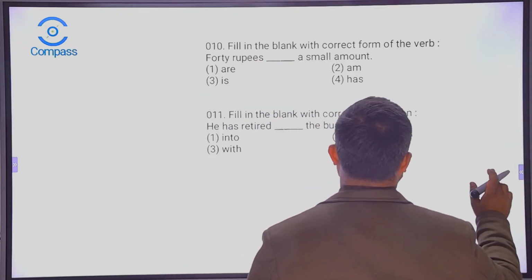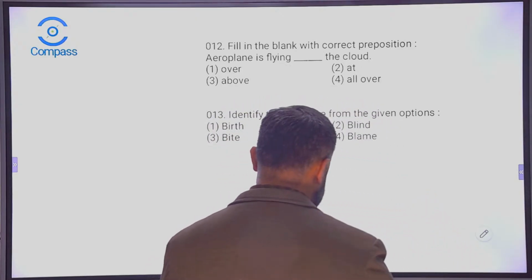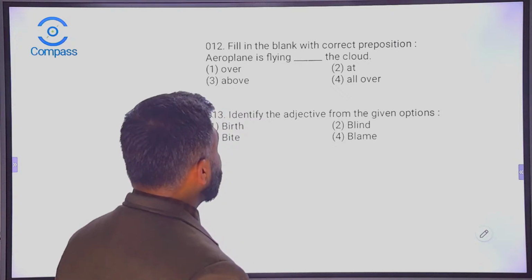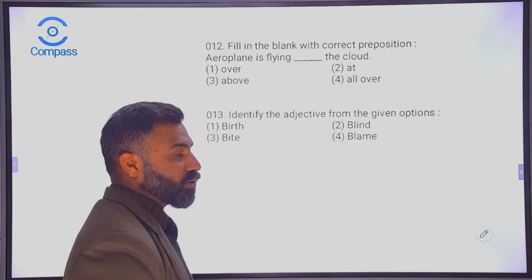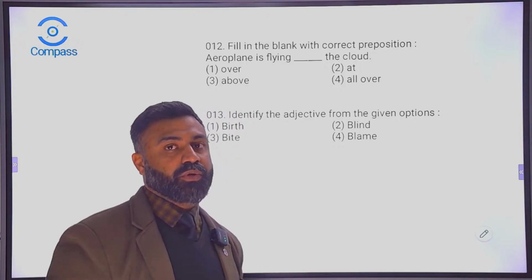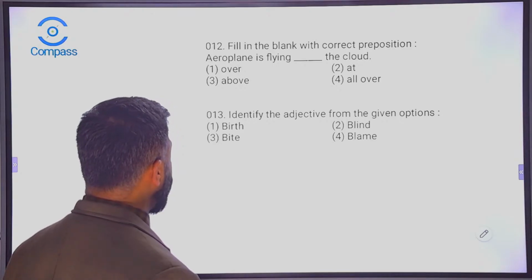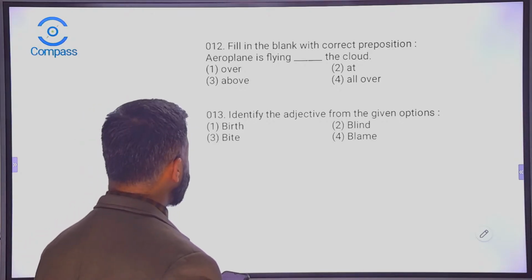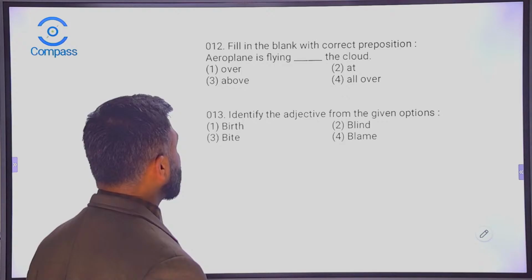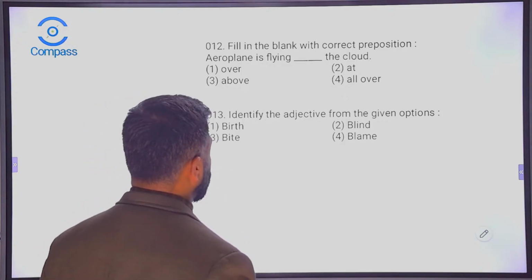Let's clear all the feedback here. Question number 12. Let's begin with this. Fill in the blank with correct prepositions. So students, slowly from vocabulary to grammar we have come, and we are doing this. So aeroplane is flying dash the cloud. So you know the aeroplanes, where do they fly? So what should be the right answer?